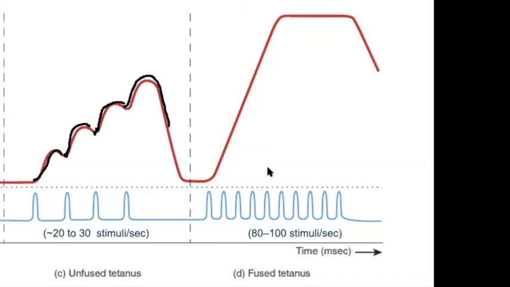If we increase the amount of stimulation as a function of time right here, right? At its highest frequency, the muscle never gets a chance to even relax. It never goes back a little bit, and you get this, what's called tetanus, right? Maximum tension. You can't see the individual twitches anymore in this, right?